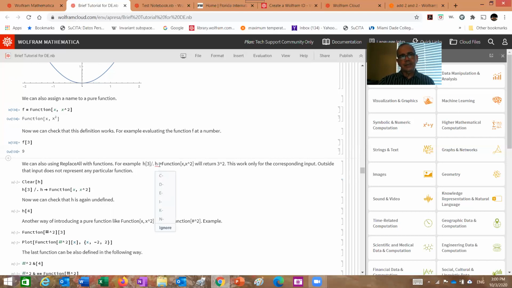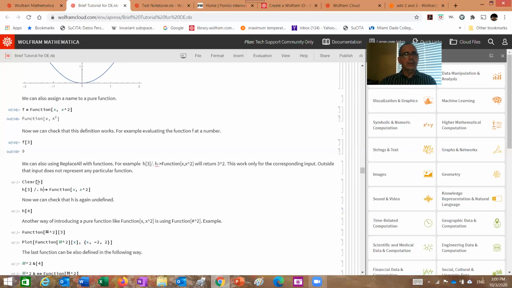To represent that arrow, you need to enter a dash first, and then the greater than symbol. When you do that, the system is going to transform this automatically into a little arrow like the one you see here. This is the way of entering this with your keyboard.